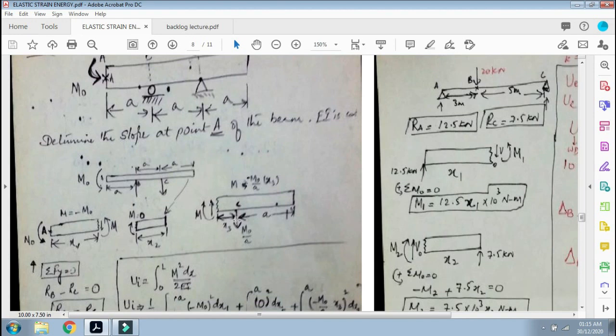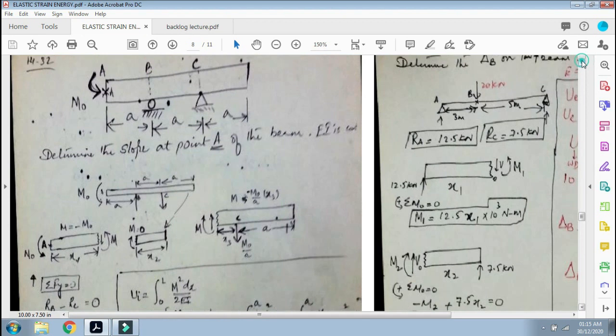And what about the third one, which is cut over here, and the distance from here, if calculated, is a plus x3. This is the point where you take the internal bending moment M, and you know what RC was: M naught upon a.